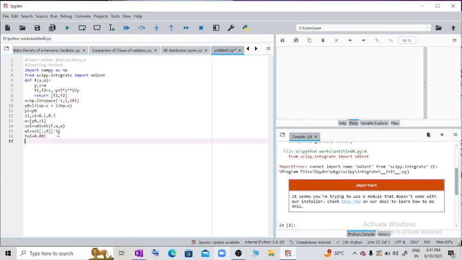And I have to run the for loop for the next guess value. So for i in range, suppose up to 1000, the for loop will run, with u equal to y0 and z2.